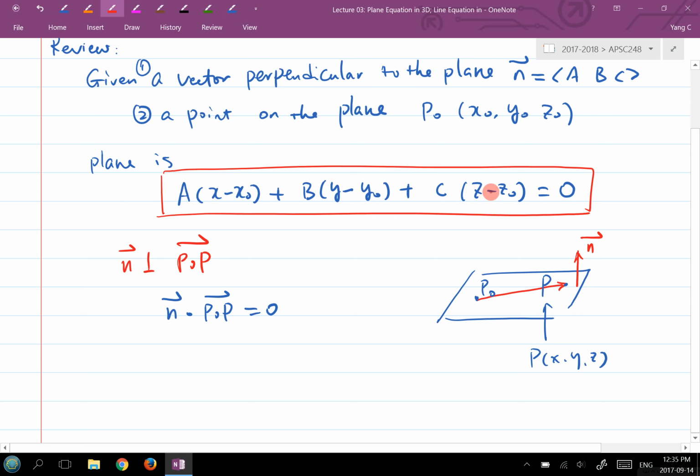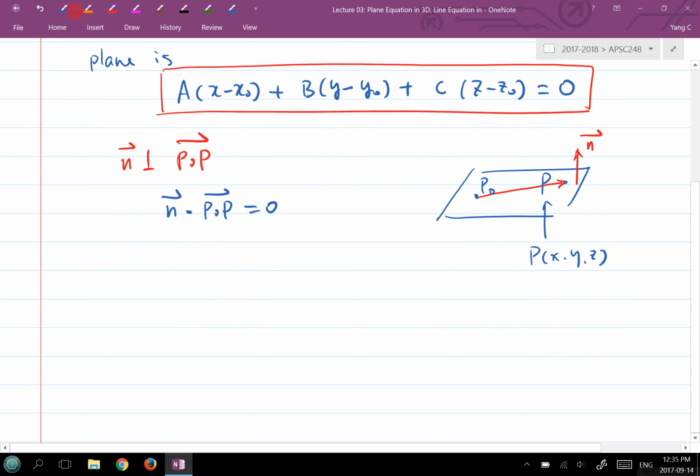If the question is asking what the plane equation is, often you're probably going in another direction. What happens is you're given a plane equation, and then you'll be asked to do something else. In that particular case, there's one thing you need to do before you can move on any further.